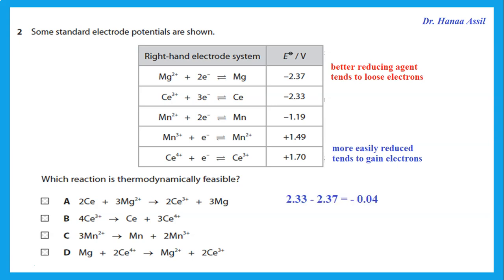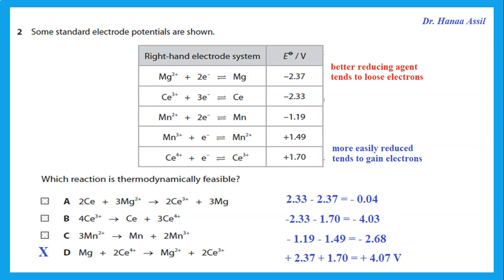calculate the electrode potentials of each one. That is the oxidation plus reduction, and we look for the one that has an E cell that is positive. That would be the one that's feasible. So the only one that has an E cell that is positive is that last one.